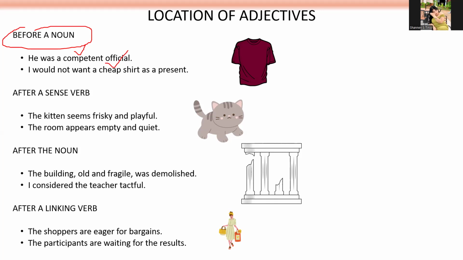All right. Before we start talking about sense verb, I want you to write on a piece of paper or on your phone right now. Make a sentence wherein the location of the adjective is before a noun. Yun muna, sige. One sentence only. It's gonna take you less than a minute.